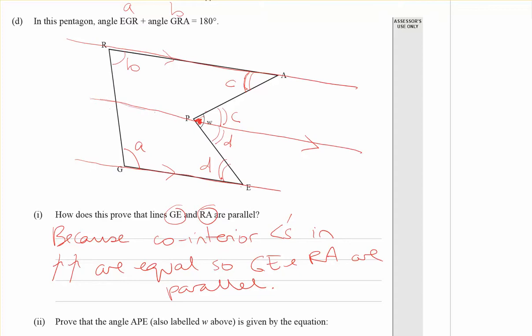So putting in the parallel line here, we need to call it something. Let's see what letters we've got. We haven't used X and Y, so we'll call it X and Y, which means that angle EPY is going to be the same as angle PEG.